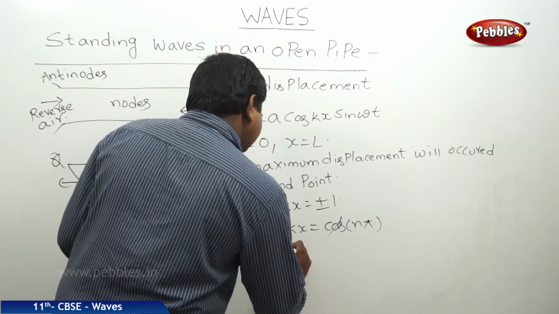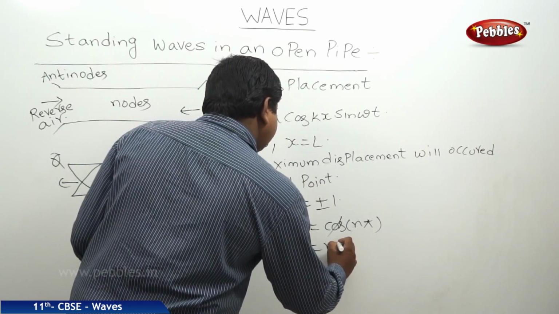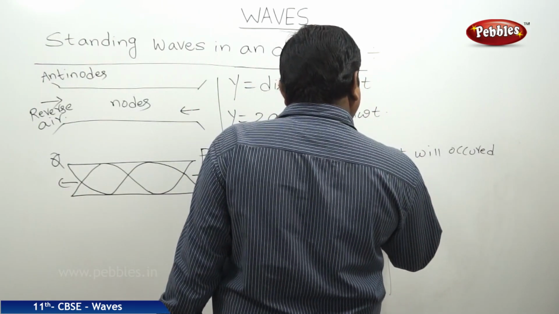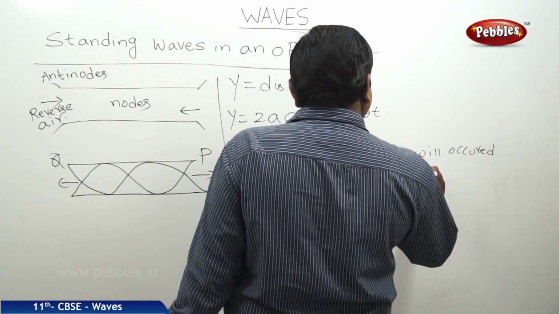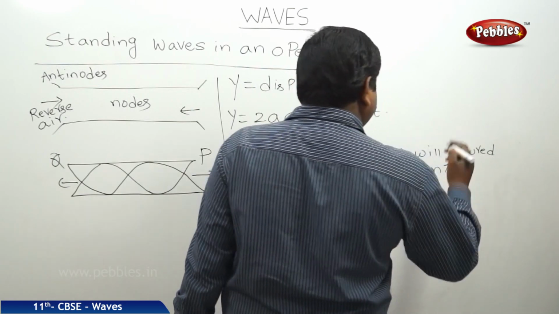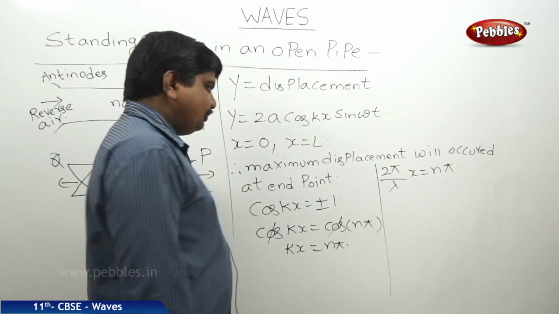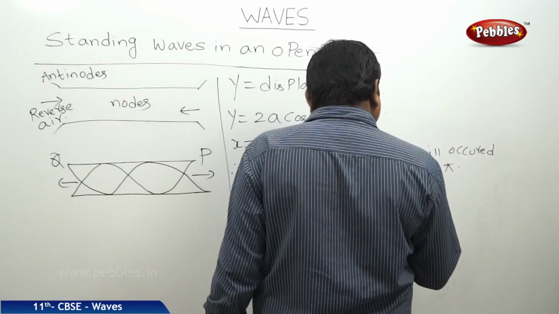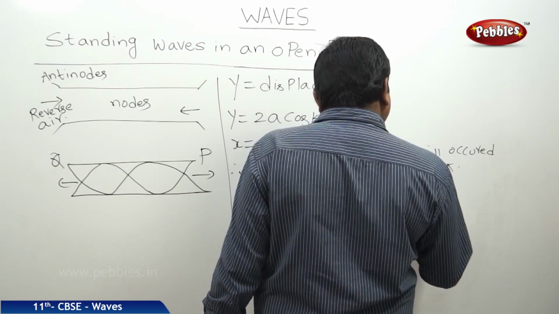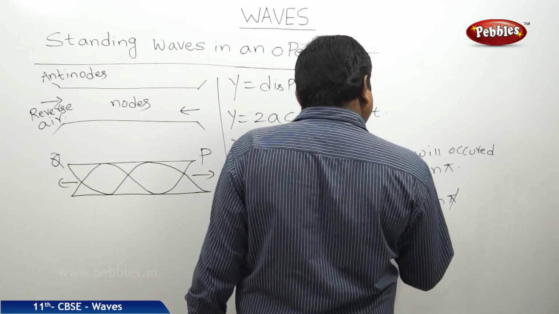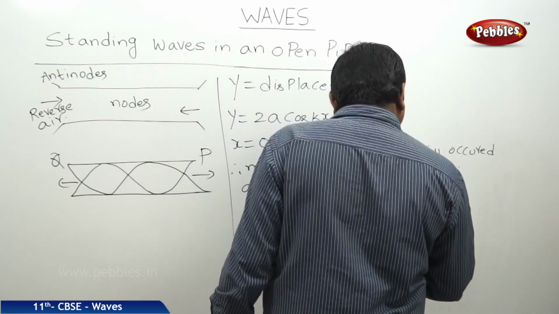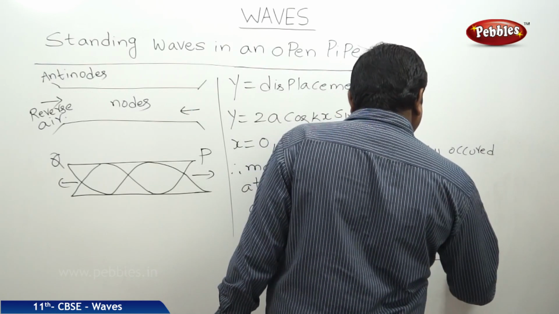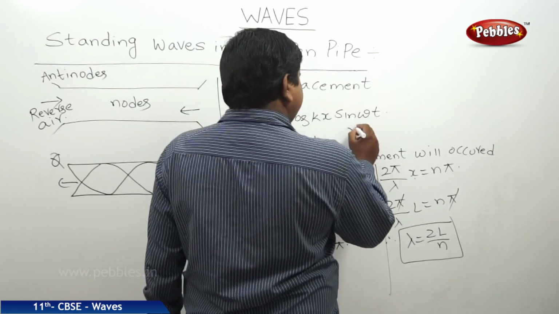Cos and cos get cancelled. Kx is equal to n pi. Therefore, k is 2 pi by lambda into x is equal to n pi. Here x is equal to L because at the ends. So, therefore, 2 pi by lambda into L is equal to n pi. Pi and pi get cancelled. Therefore, lambda is equal to 2L by n, where n is equal to the mode of vibration.